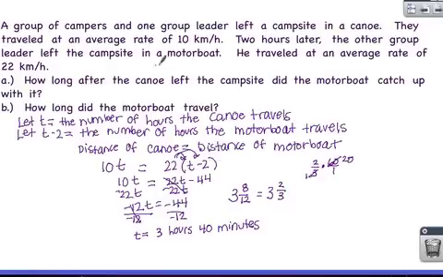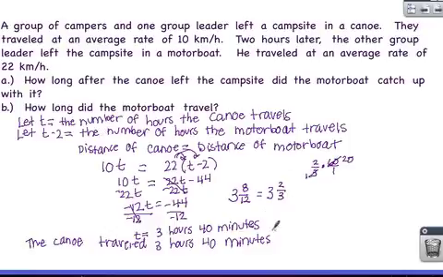So, part A, how long after the canoe left the campsite did the motorboat catch up with it? We would say the canoe traveled 3 hours, 40 minutes. And then for the motorboat, it traveled t minus 2, which would be 1 hour and 40 minutes.